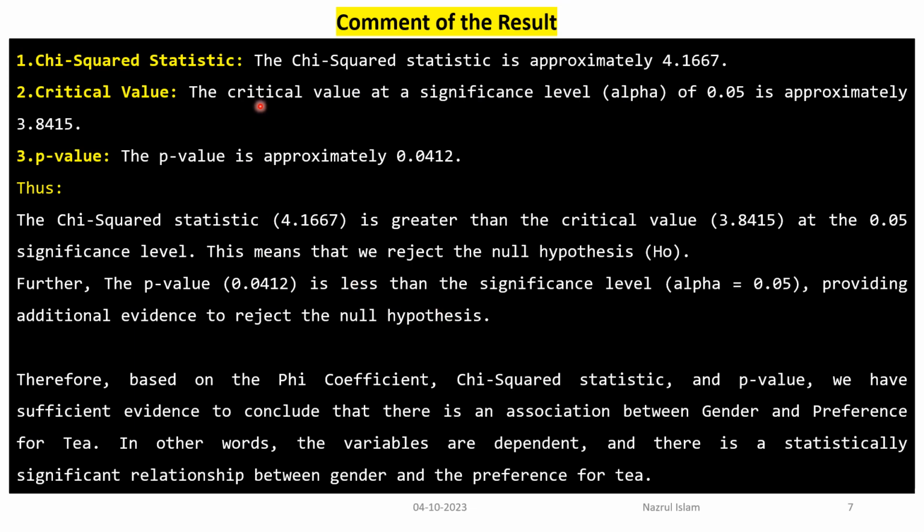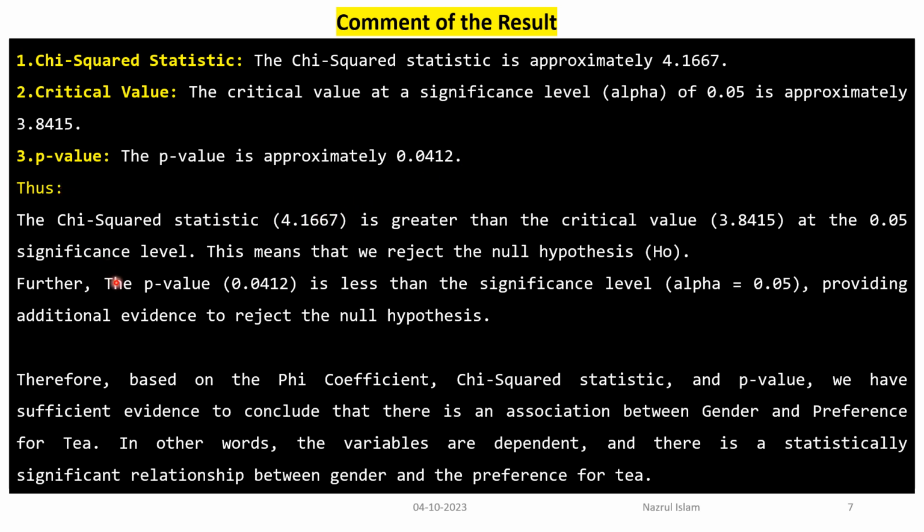Now we have to comment on the result. As I have mentioned, the chi-square statistic is approximately 4.1667. The critical value is 3.8415, and by using Python we determined the p-value, which is approximately 0.0412.